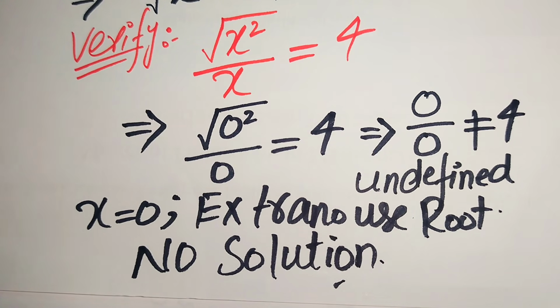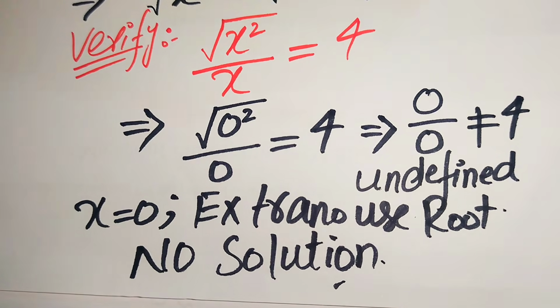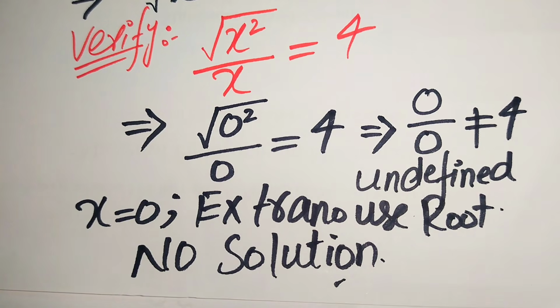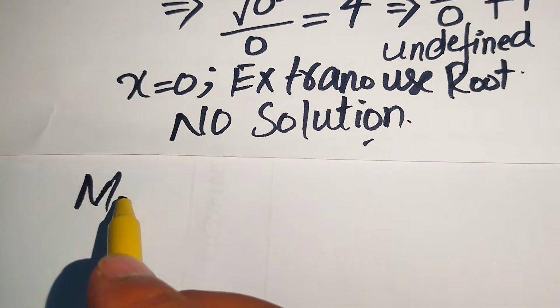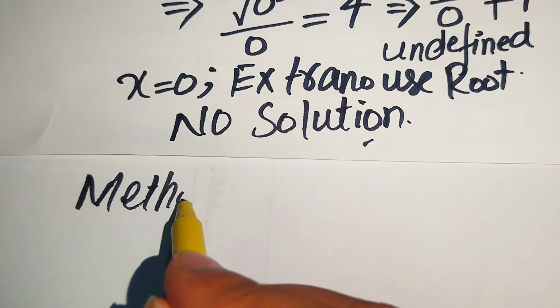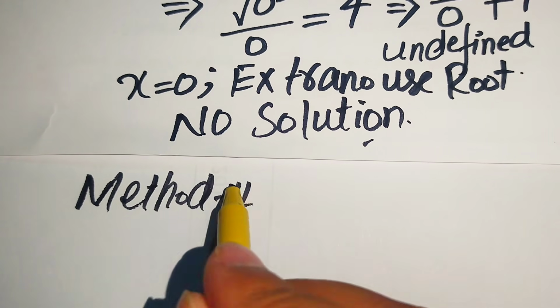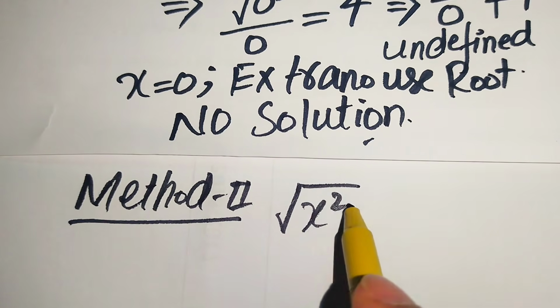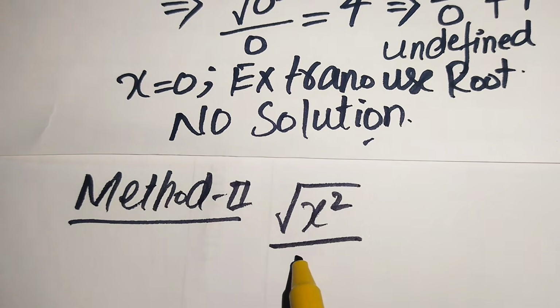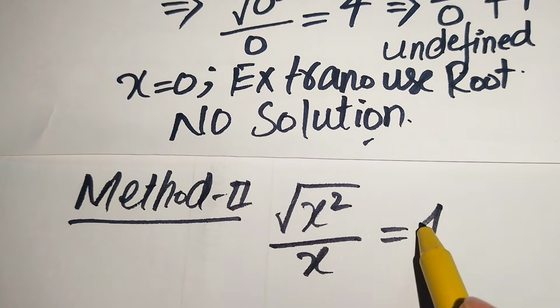So this is our final answer which we get here from the first method, and now we again solve this problem by the second method. So for the second method, we need to copy down the given question statement here, and the given question statement is the square root of x squared divided by x is equal to 4.